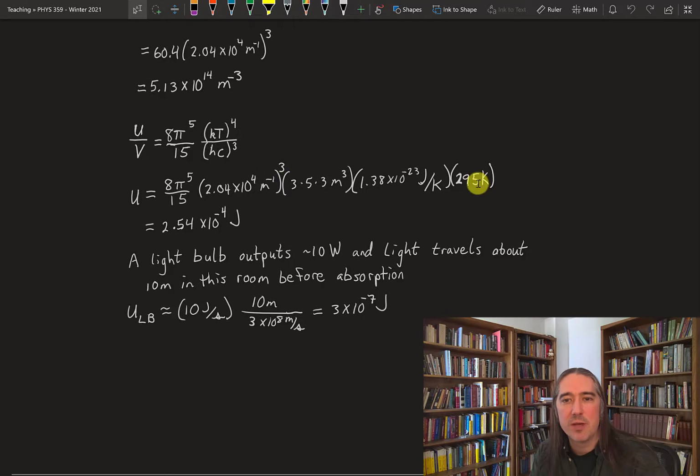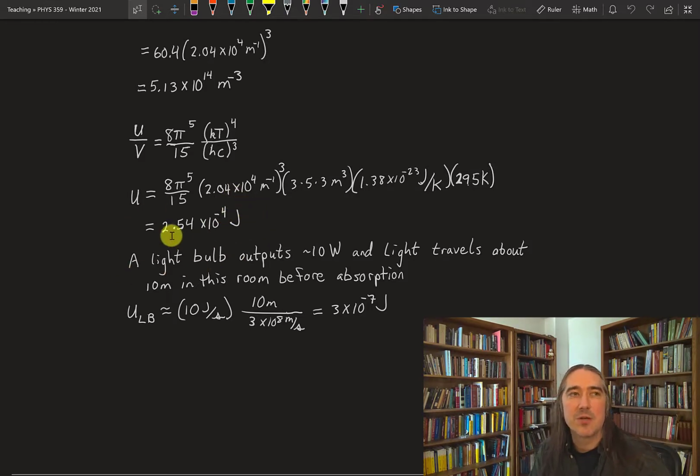We've got one more kT on top of that, to the 4th over the 3rd. So an extra kT and the volume of the room, roughly estimated. This is all rough. Even though I've given it to you to 3 significant figures, this is not to 3 significant figures. I should have just been honest and called this 3 times 10 to the minus 4. But that's what we get.